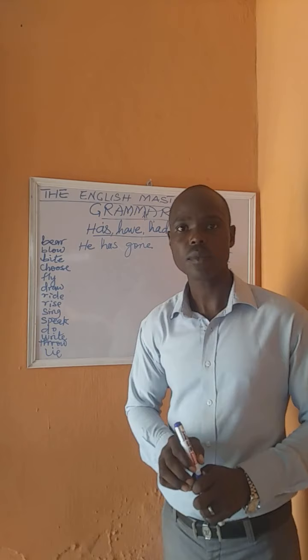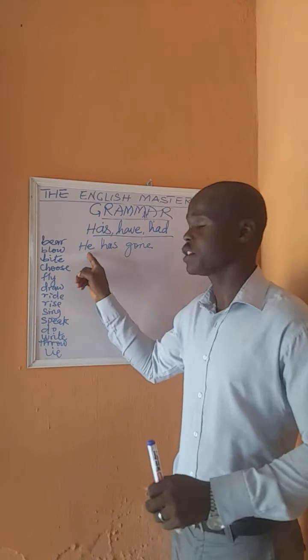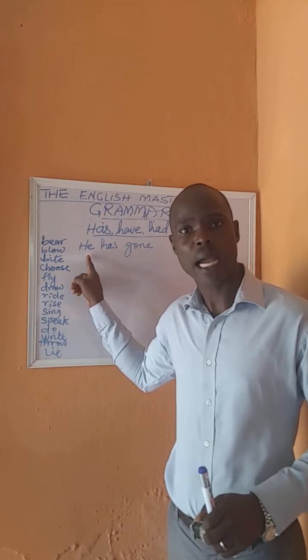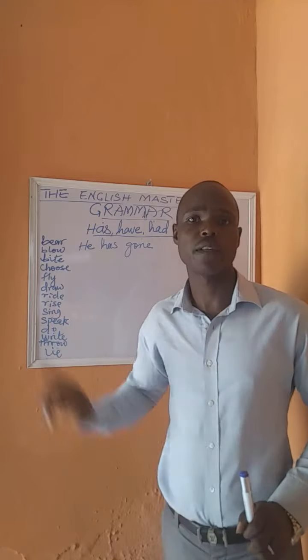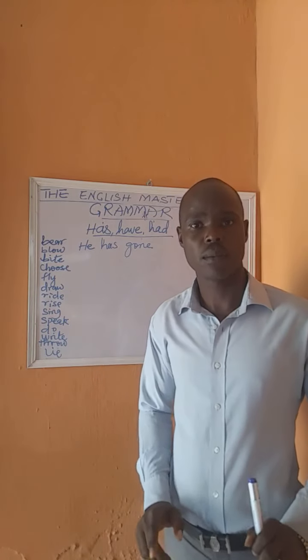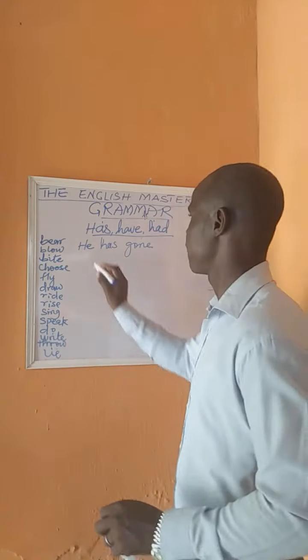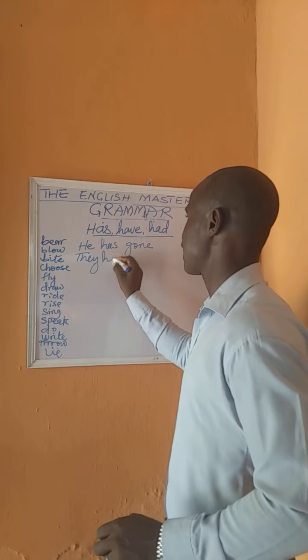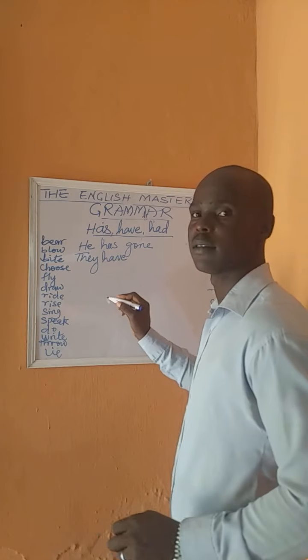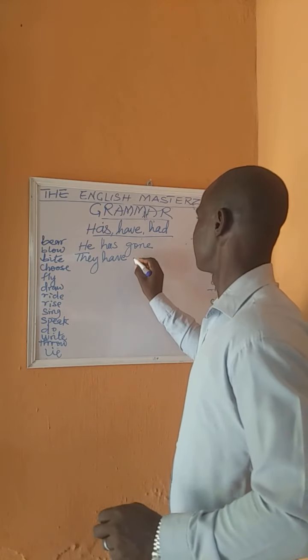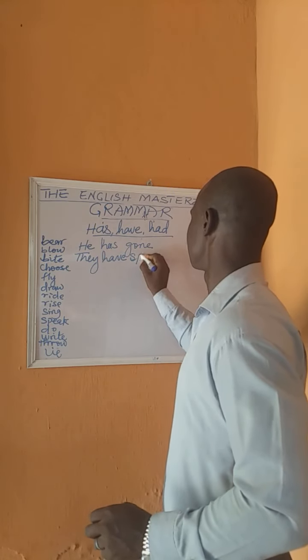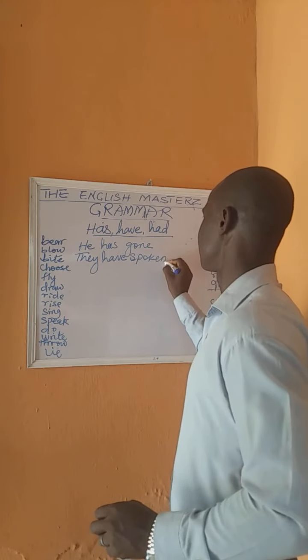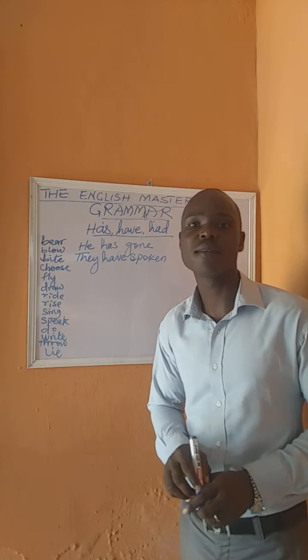Simple. But if the he changes to they, what happens? Our choice of these verbs changes as well. So let's say they, this time around, have spoken. They have spoken.